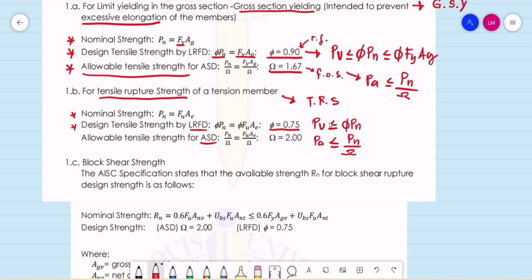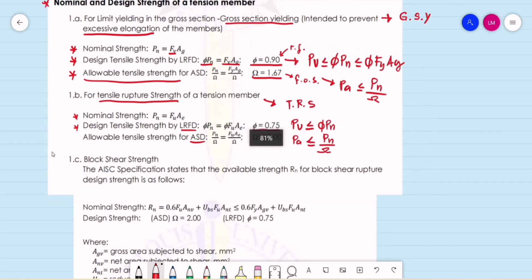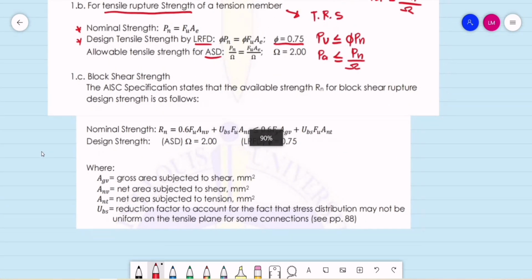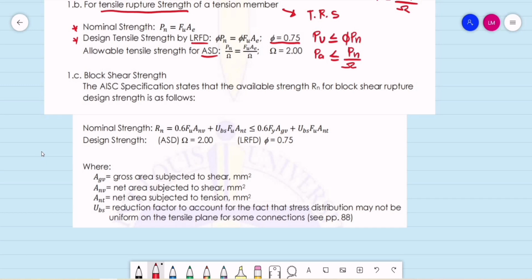Then the third one is the block shear strength. We again have an equation for the nominal strength and the design strength. As you can see, for the TRS and the block shear strength, we have the same factors: the factor of safety and the reduction factor for ASD and LRFD respectively.